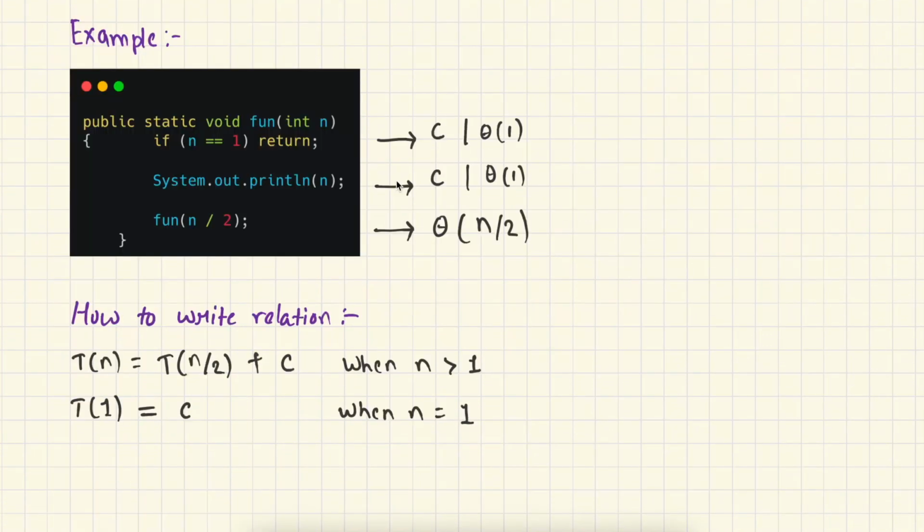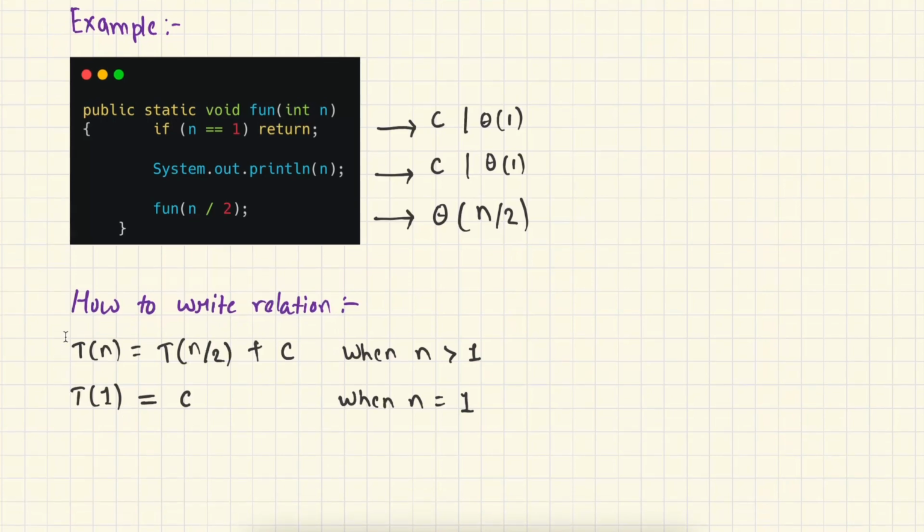So in this example, let's find out the amount of work we are doing. In the first line, we are doing a constant amount of work. In the second line, we are doing a constant amount of work. And in the third line, the amount of work we are doing is theta of n by 2, right? Now, how to write the recurrence relation? We can simply write the amount of time taken by this function is going to be T(n/2) + c.